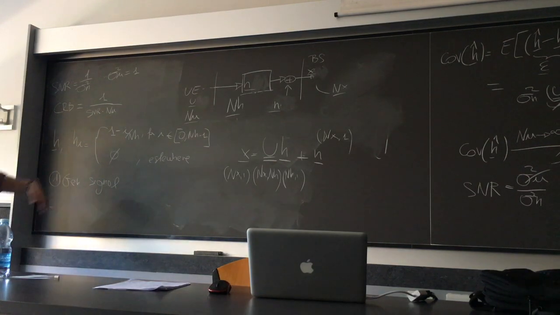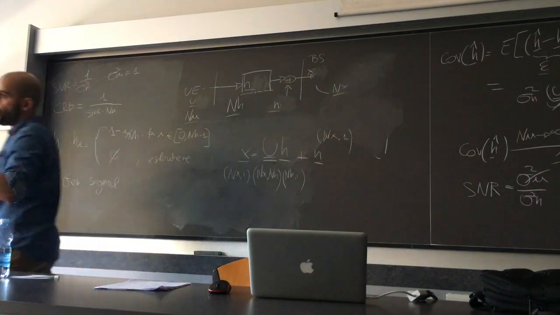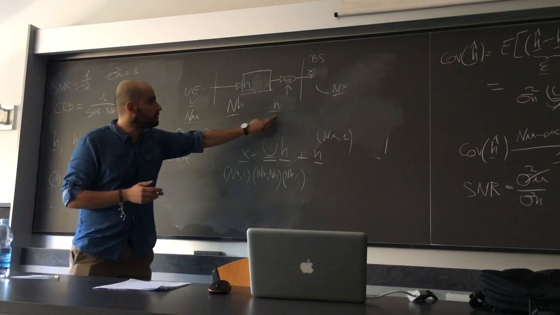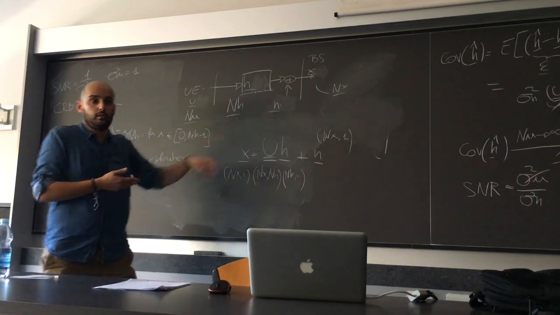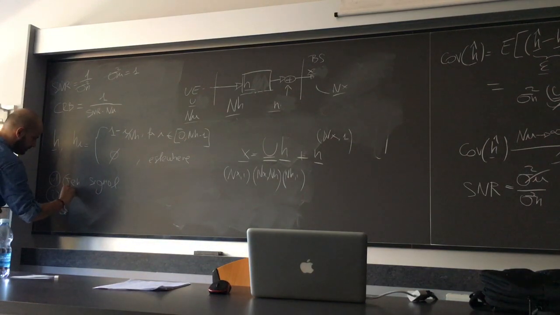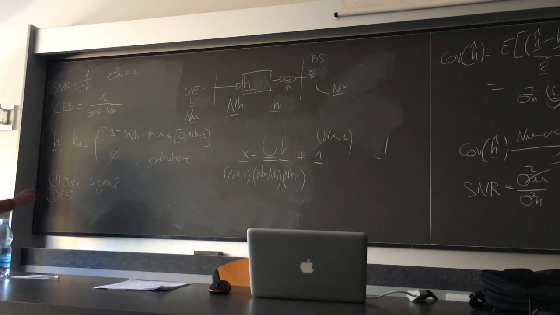When I say signal, I mean the received signal x. The received signal x always depends on some randomness, some uncertainty, which is embodied in this vector here, which is the noise. Once you generate the signal, you estimate what you are interested in, which is the channel.